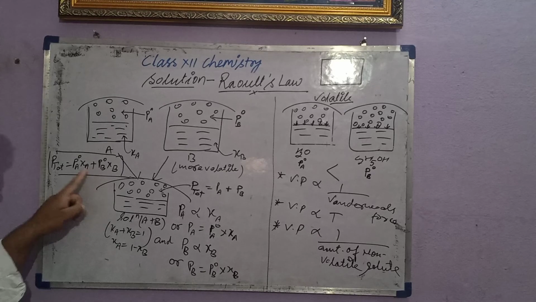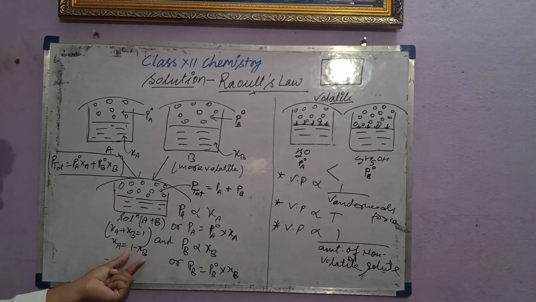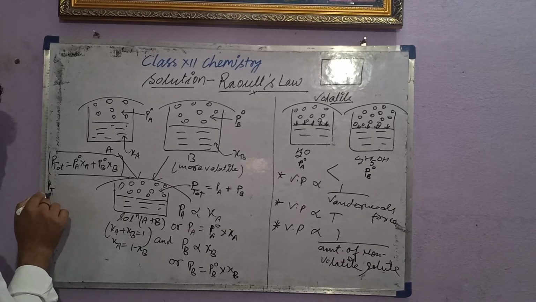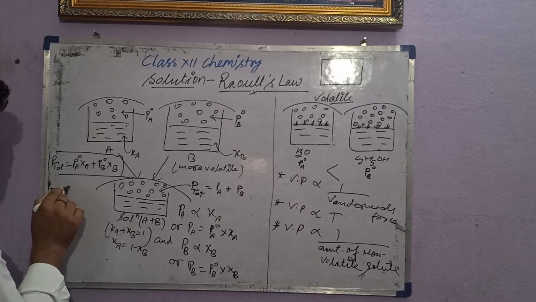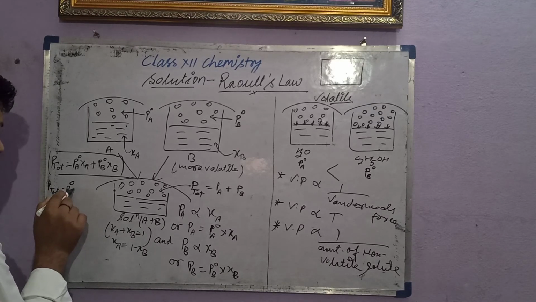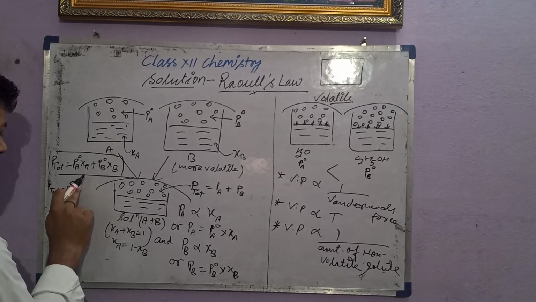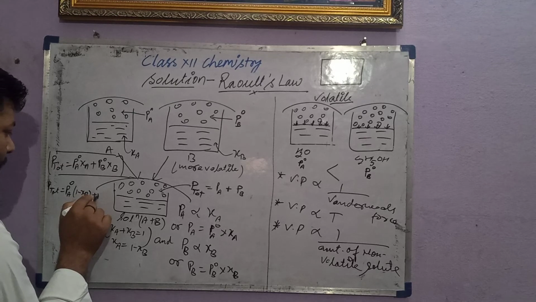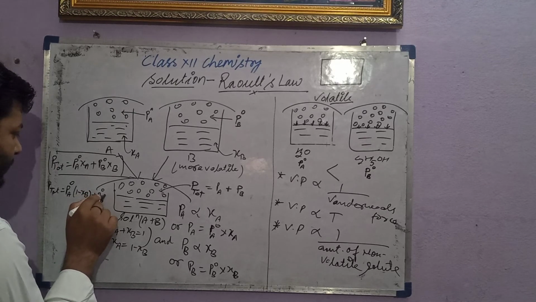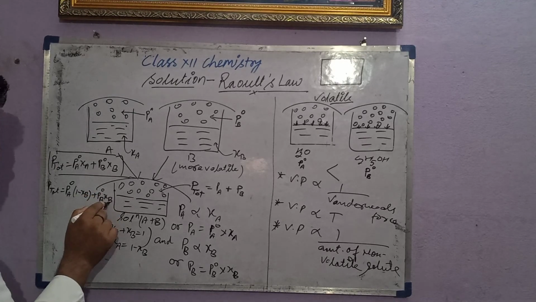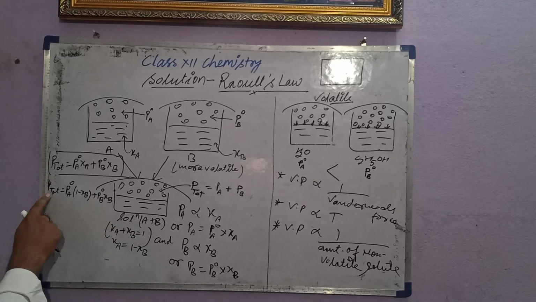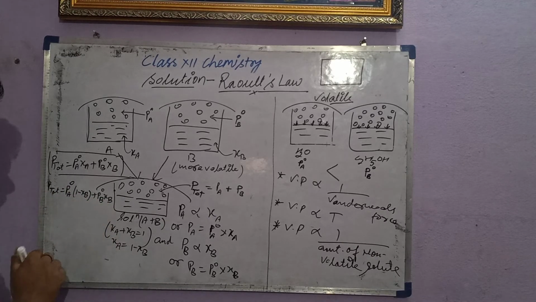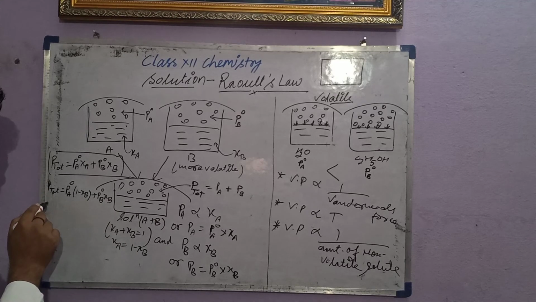So in the same equation, instead of XA, we can write 1 minus XB. The formula will be P total equal to P naught A times (1 minus XB) plus P naught B XB. Just rearrange this formula.